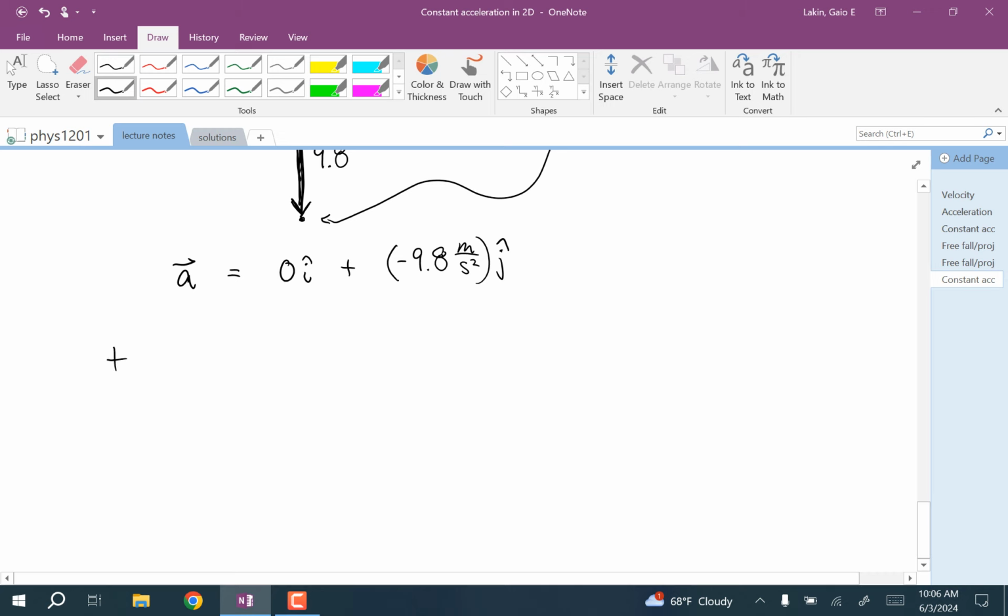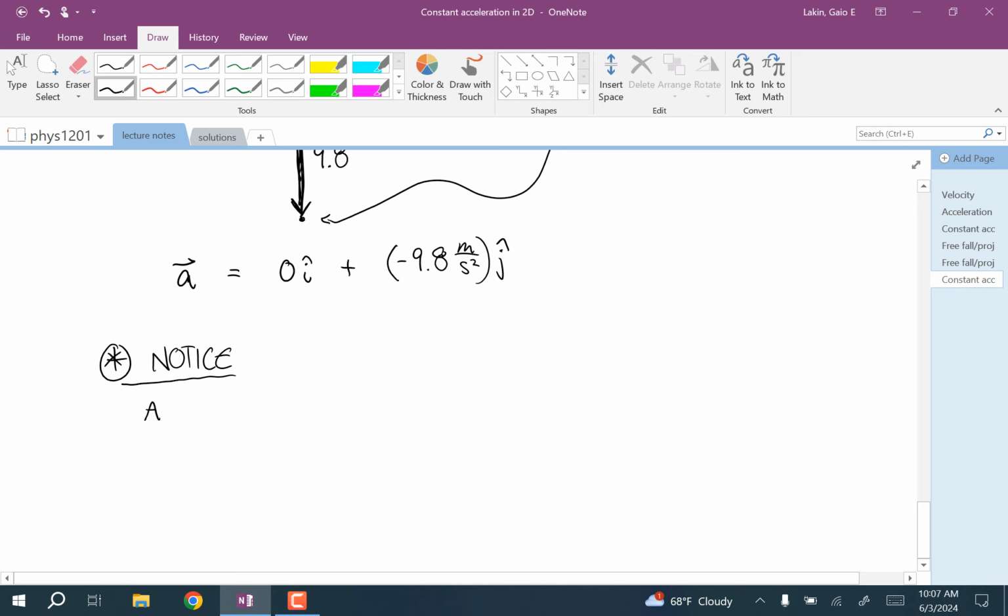The one thing that I want you to notice, the one thing that I think could be tricky here, is that if you're trying to identify the highest point that a launched object gets to, it's only the y component of the velocity that equals 0 there.